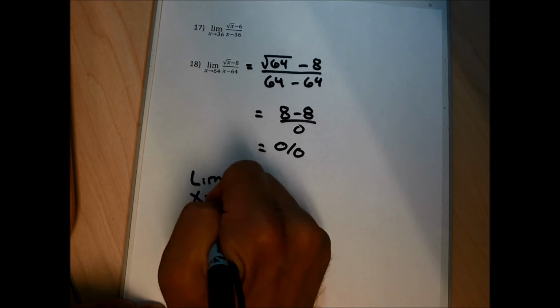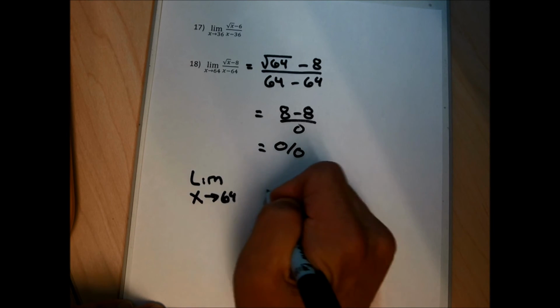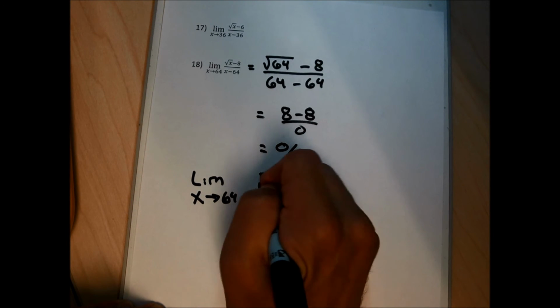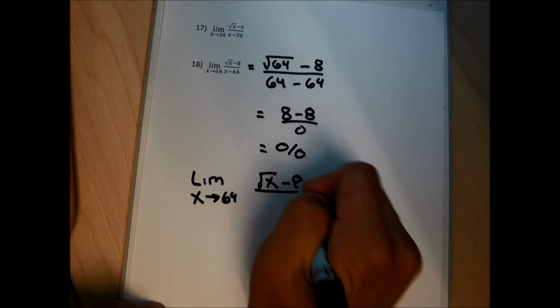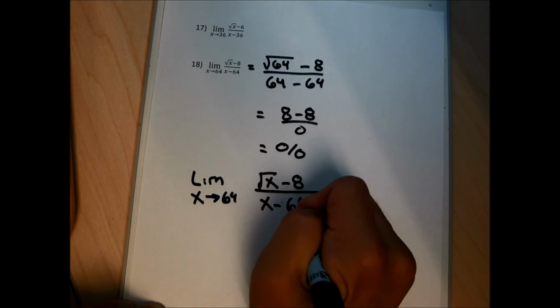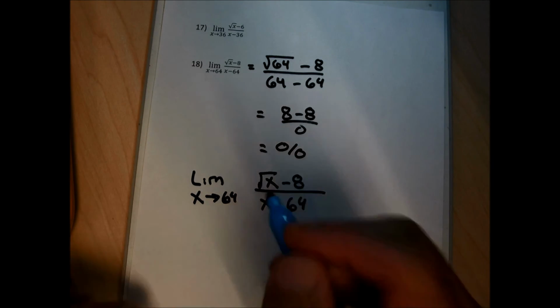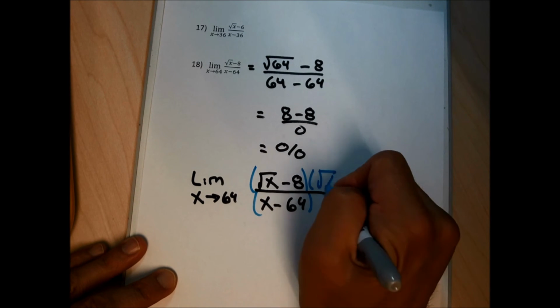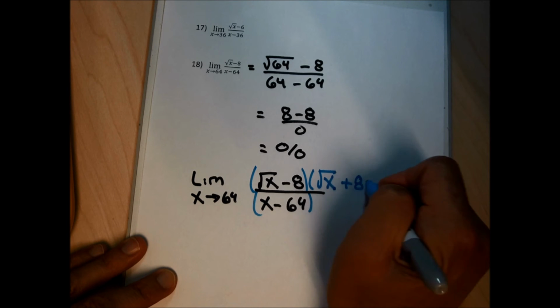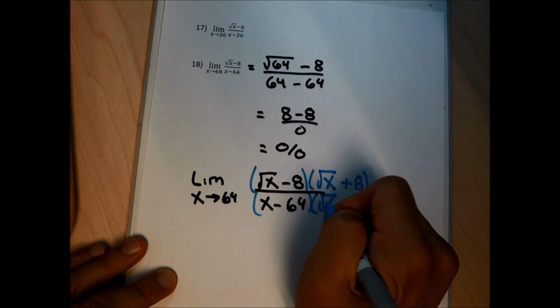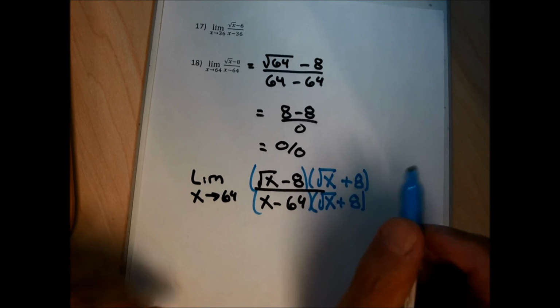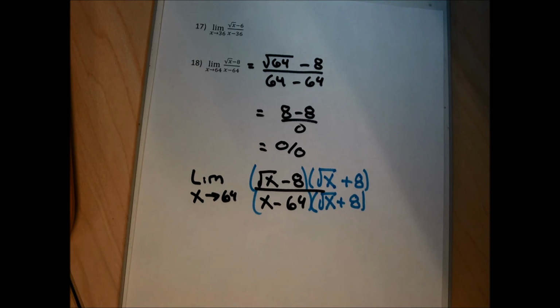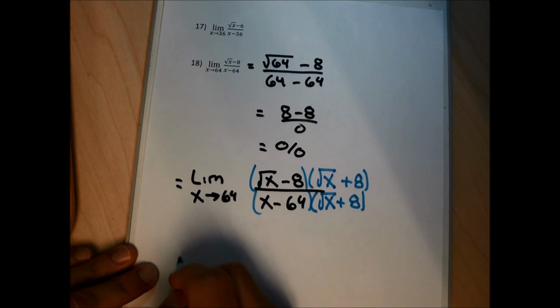The limit usually exists. And in the 3 problems that we have that have a square root in the numerator of a fraction, the big trick is to multiply by the conjugate of the numerator. So I'm going to multiply the numerator in my problem by the square root of x plus 8, and I'm going to multiply the denominator by the square root of x plus 8. The numerator, I'm going to FOIL out.